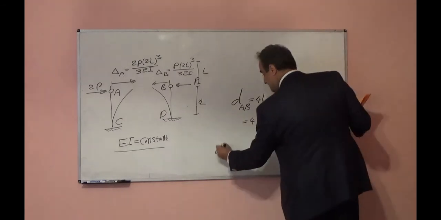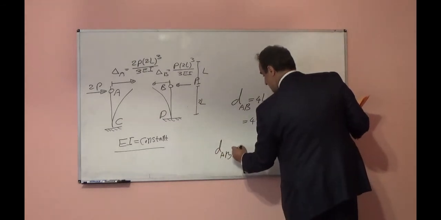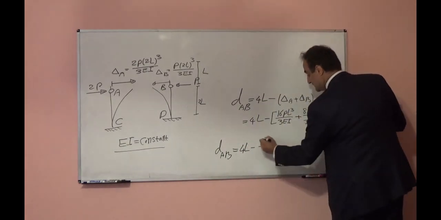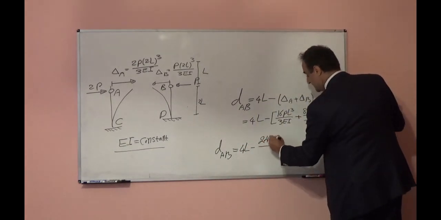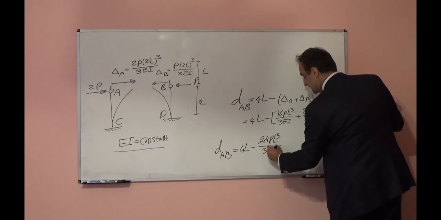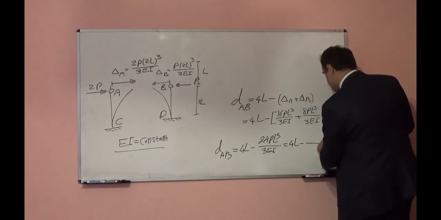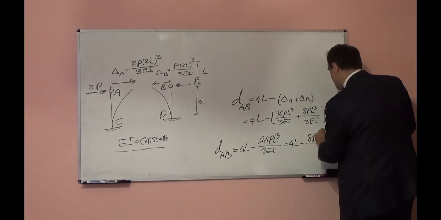So distance AB will be equal to 4L minus the summation of this, which is 24 PL cubed over 3EI. That will be equal to 4L minus 8 PL cubed over EI.